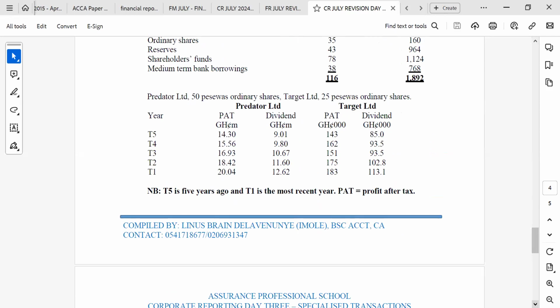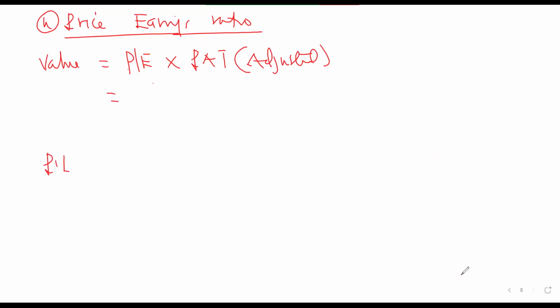Their figures are in million, isn't it? Yes. So we can find the price earning ratio of the pre-data company, which will be listed because they have a market value. So this will be calculated as market price over their earnings per share.